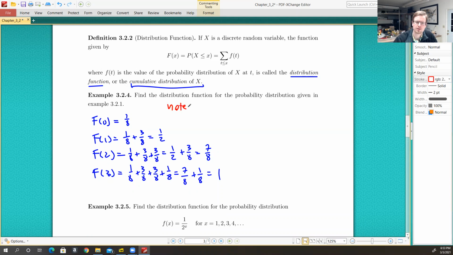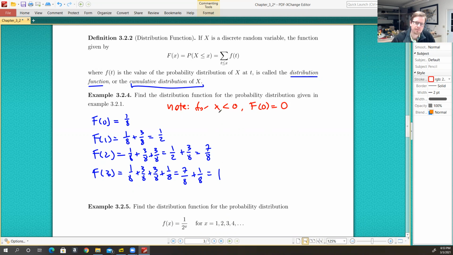So a couple of things to note here. For x less than 0, F of x would be 0, because we cannot have less than 0 girls.